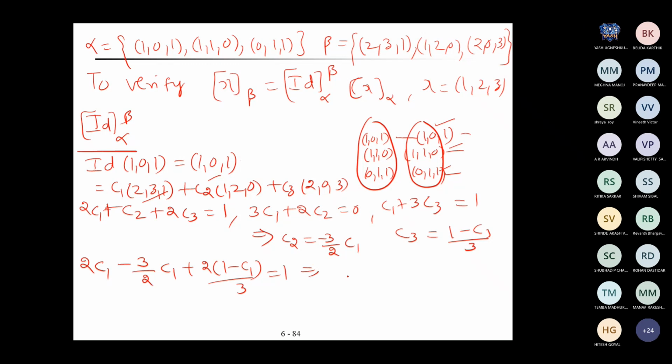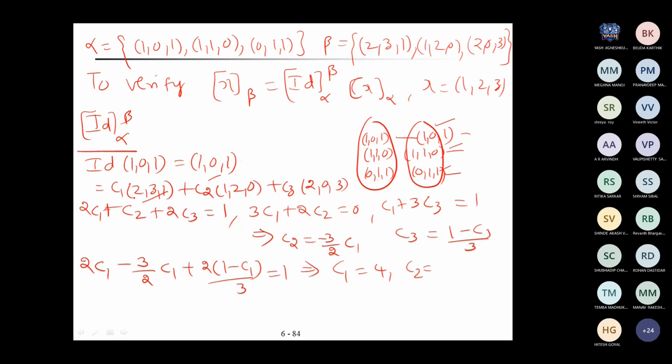Can you solve this and say what is C1? Solve and tell C1. C1 is 4, C2 is minus 1, and C3 is also minus 1.